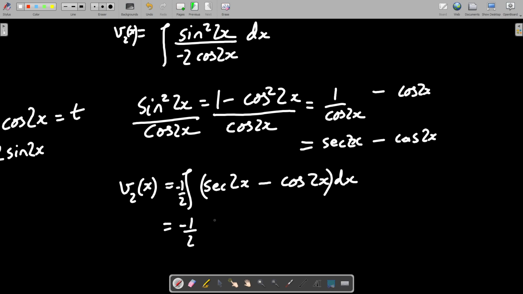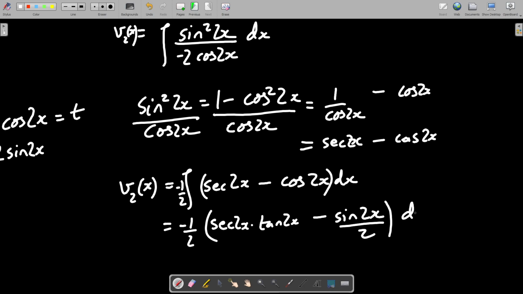Okay, so this will become sec 2x into tan 2x, minus the integral of cos 2x, which becomes sin 2x divided by 2.